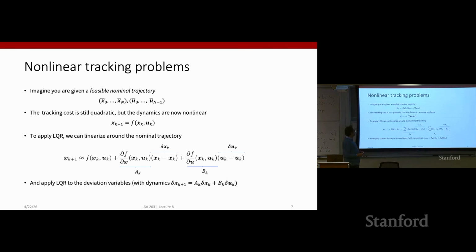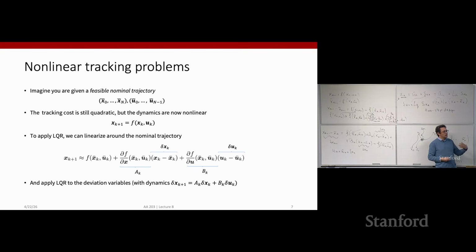Yeah, that's a great question. So here, we're assuming that we know not just the trajectory in the state variables, but also in the control variables. For some of the algorithms that we have used, they give you the full state-control pair.